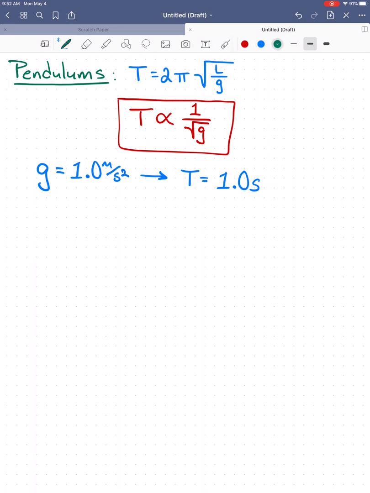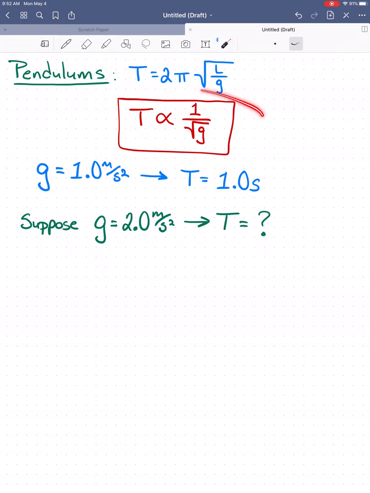All right, so now let's suppose that we double our gravity. So now our gravity is going to equal 2 meters per second squared, and we want to know, okay, what's going to happen to the period?